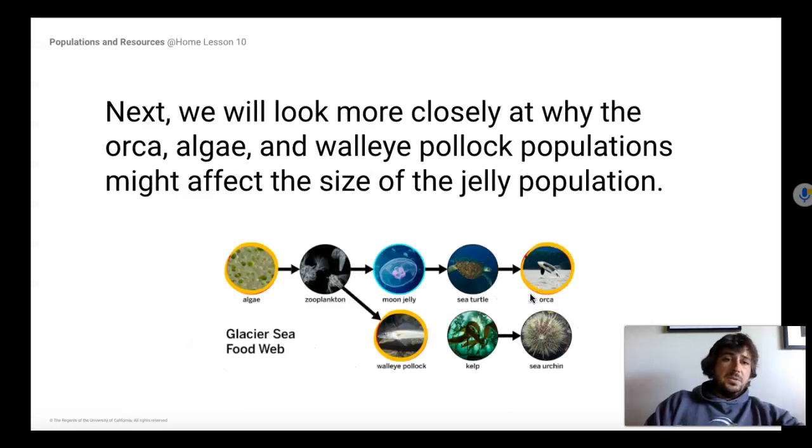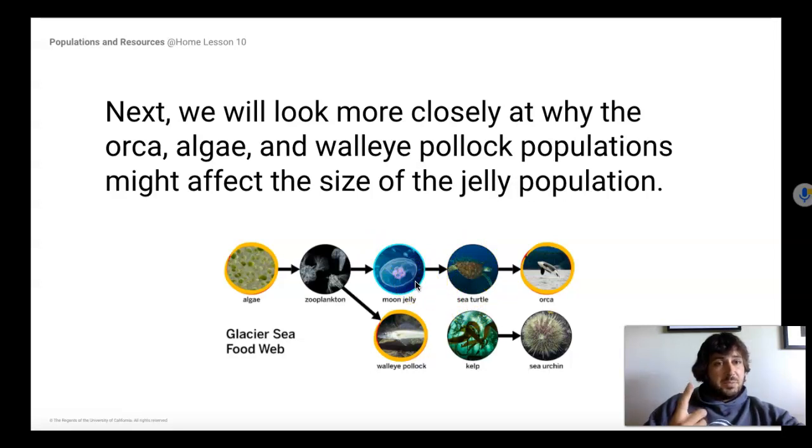Now let's look closely at orca, algae, and walleye and how they might affect the size of the jelly population. We've already learned that if you increase the zooplankton, you could increase the moon jelly. More food, more babies. If you decrease the sea turtles, you could increase the moon jellies.